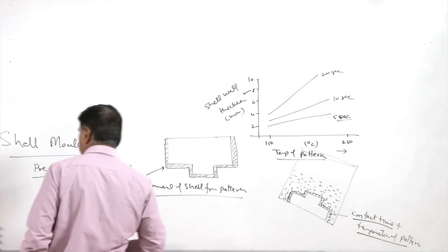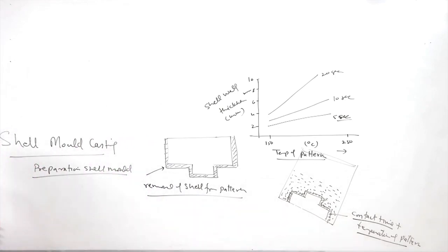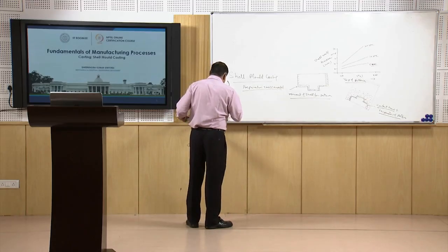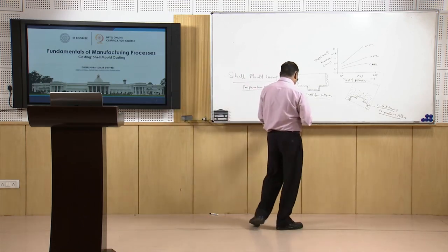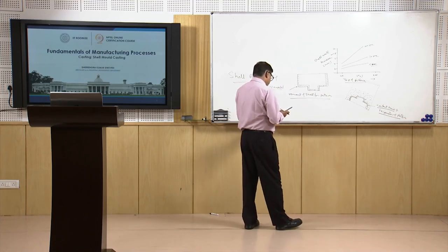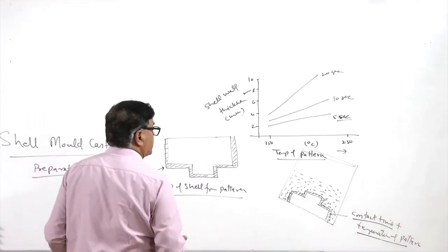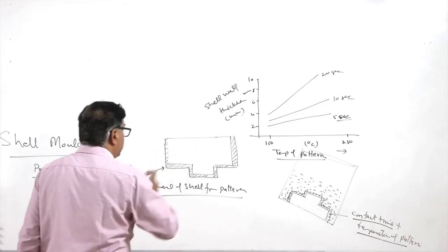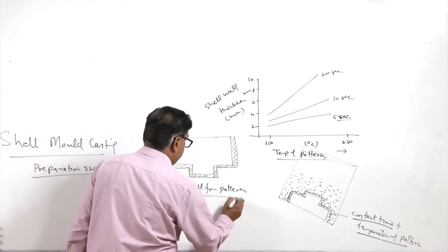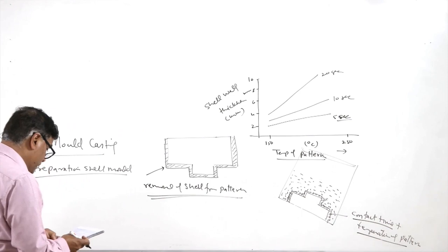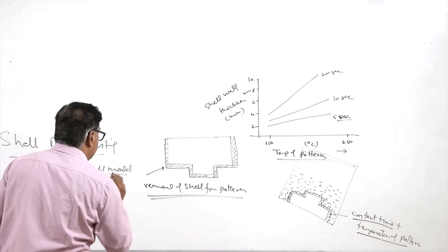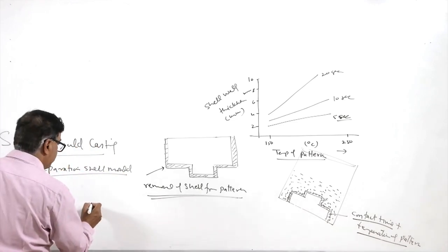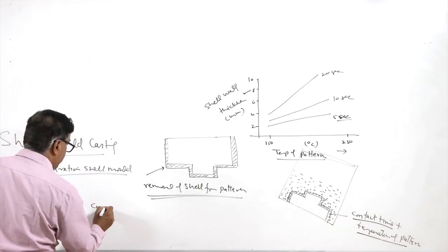This is what is achieved, and in order to facilitate the easy removal of the shell from the pattern, some agents are sprayed over the surface of the pattern, so that the removal becomes easier. And once the shell has been removed, proper curing is done.